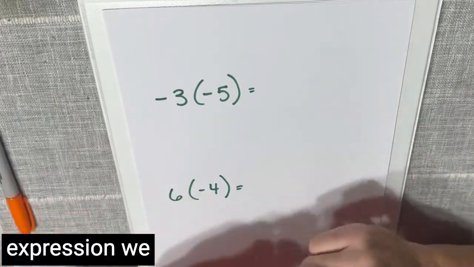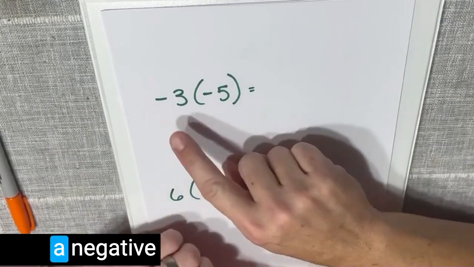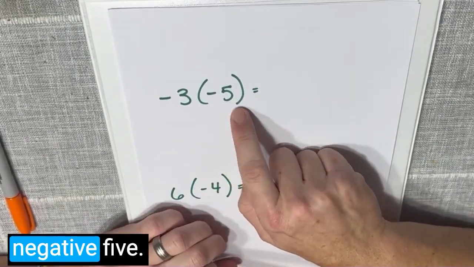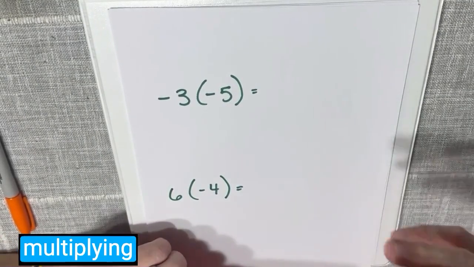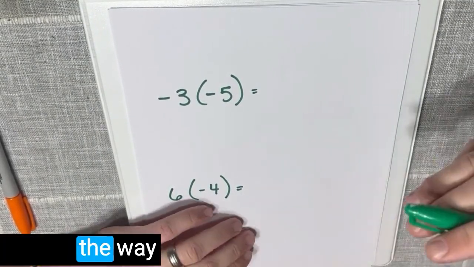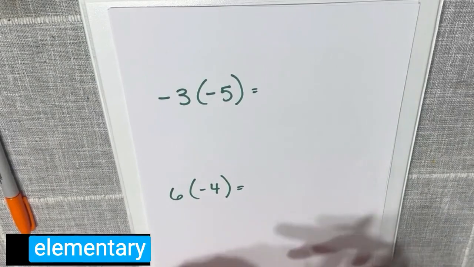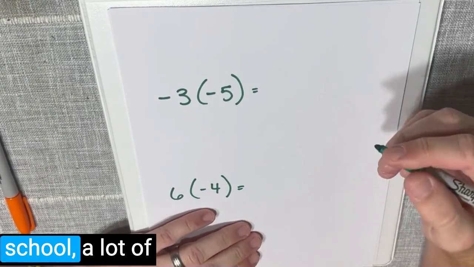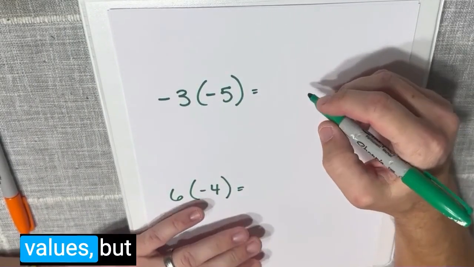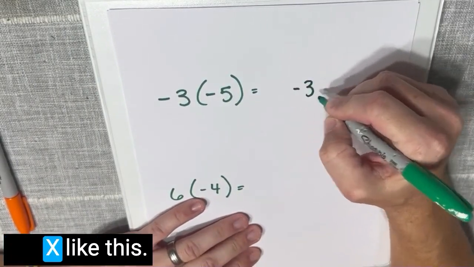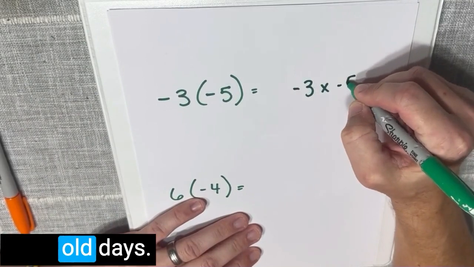Okay, and so our first expression we have here is a -3 times a -5. Now, what happens as you get older is when you're multiplying numbers, they change the way they're written. When we were in elementary school, a lot of times you may see numbers written with the X like this, back in the good old days.